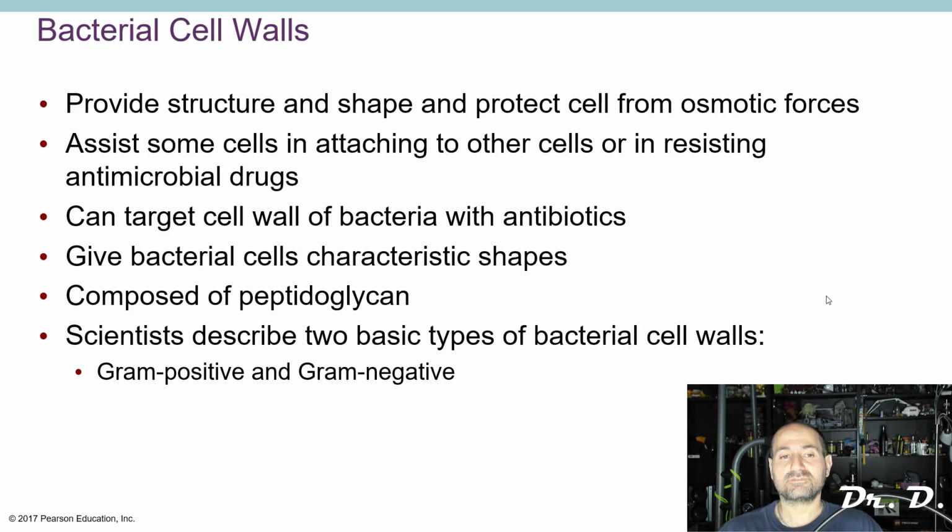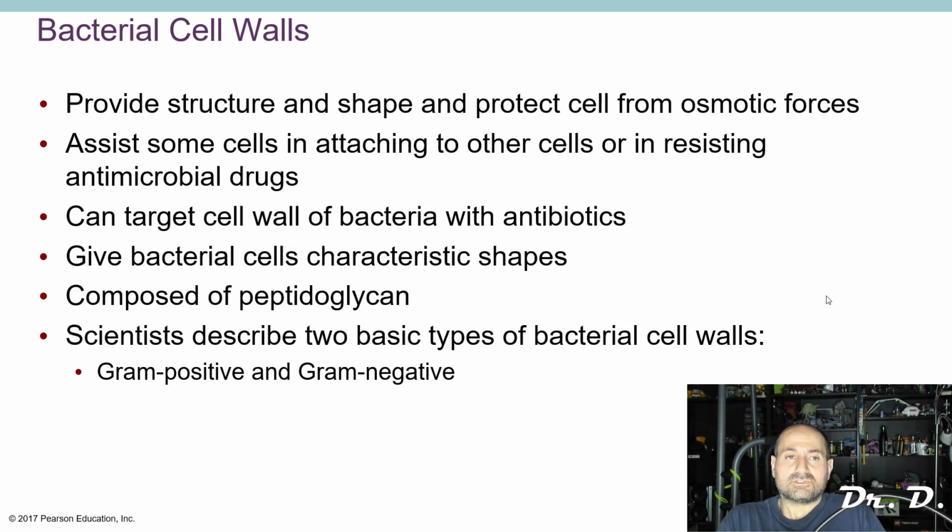Very interesting stuff. So again, the cell wall protects the cell. It prevents osmotic forces from destroying the cell. It gives the cell shape, you know, the coccus shape, bacillus shape, spirillum shape, all of these shapes. And remember, in bacteria, the cell wall is composed of peptidoglycan. I'm going to explain in a couple slides what peptidoglycan looks like and how it fits together to form the cell wall.